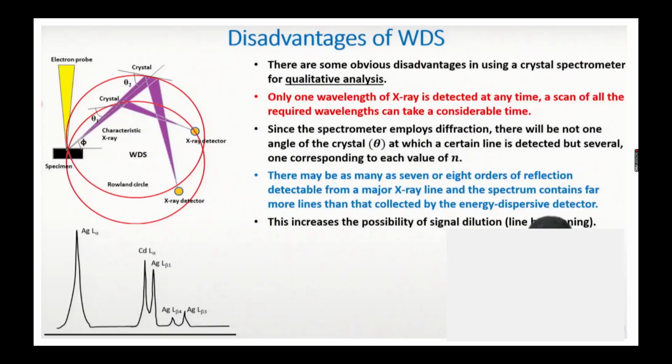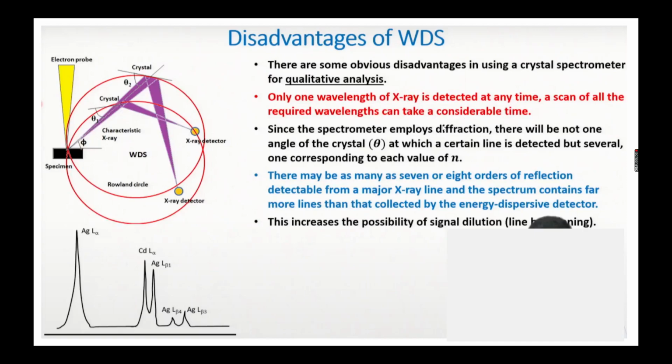Okay. As we have seen, there are some disadvantages of WDS also. There are some obvious disadvantages in using a crystal spectrometer for qualitative analysis. Only one wavelength of X-ray is detected at any time. A scan of all required wavelengths can take a considerable time.